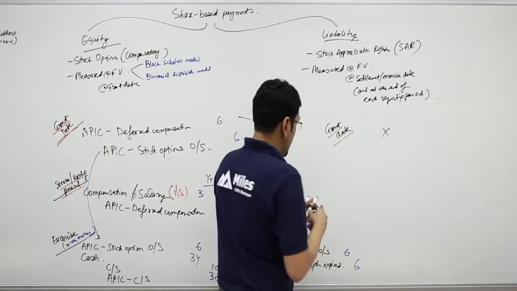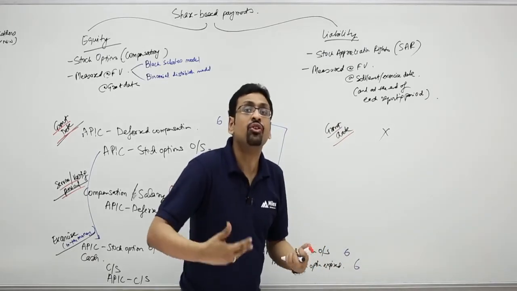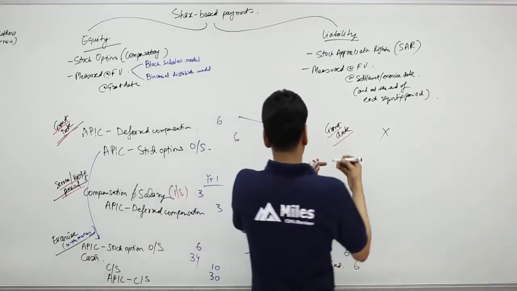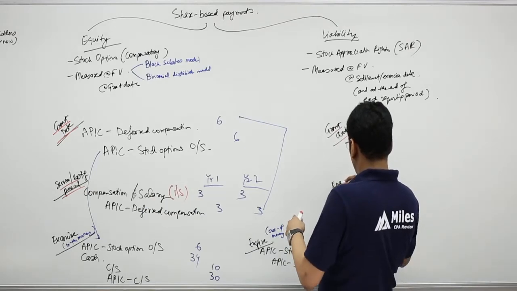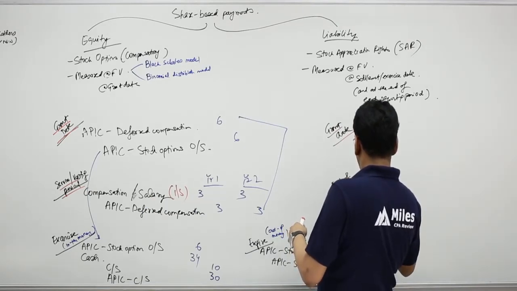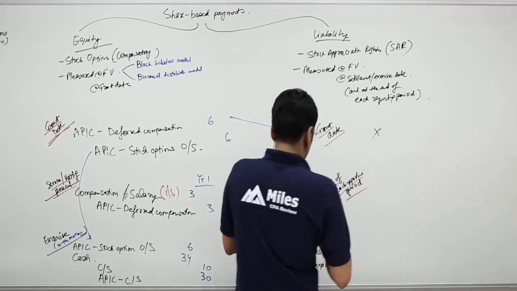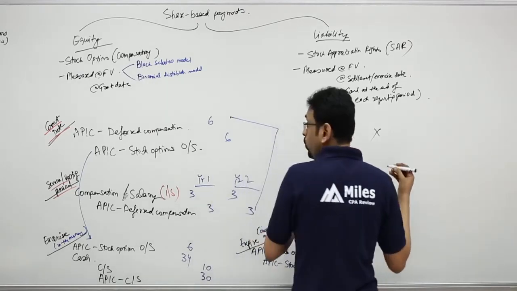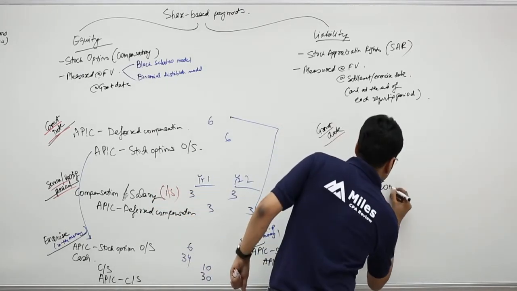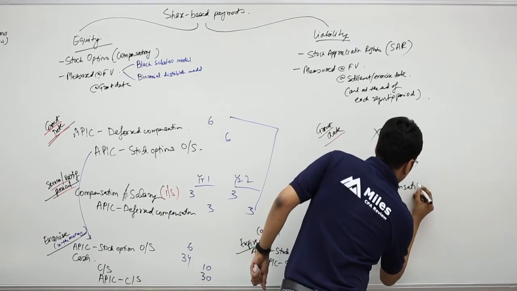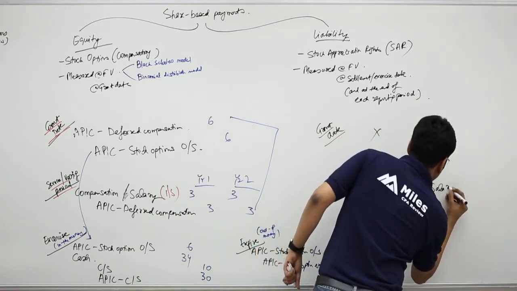Now we are looking at the end of each reporting period. At the end of each reporting period, we are again going to have a compensation expense, compensation or salary.